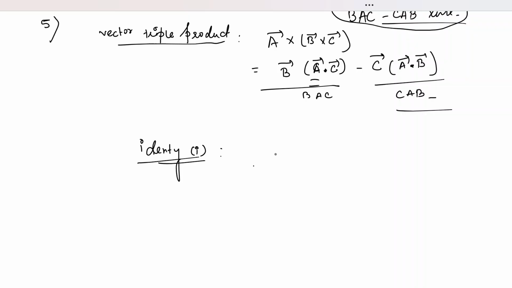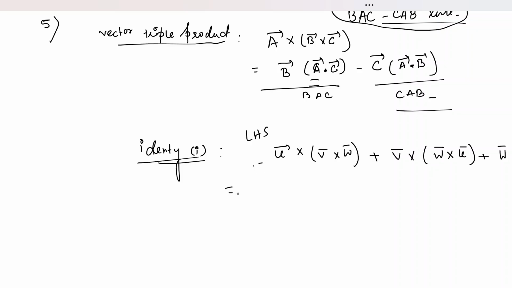Identity 1 was telling you that U cross V cross W plus V cross W cross U plus W cross U cross V. This is your left hand side. Now I am going to solve the whole left hand side.